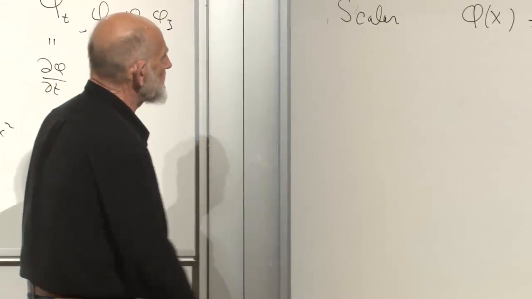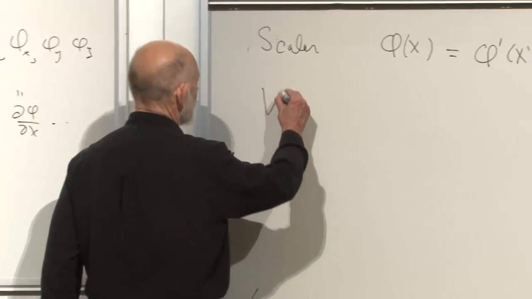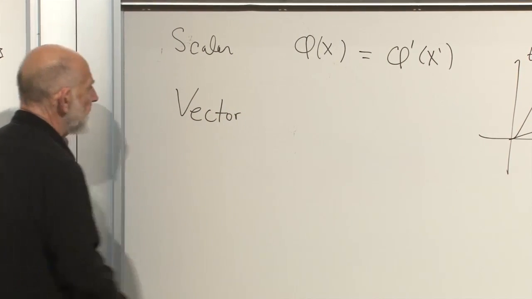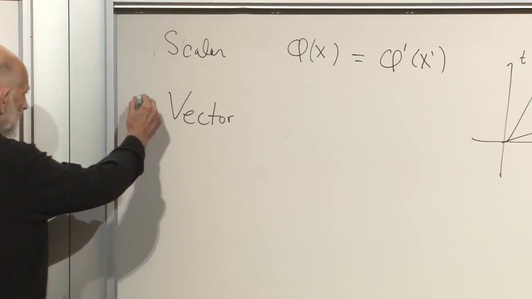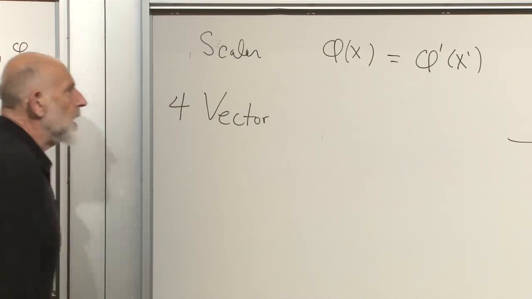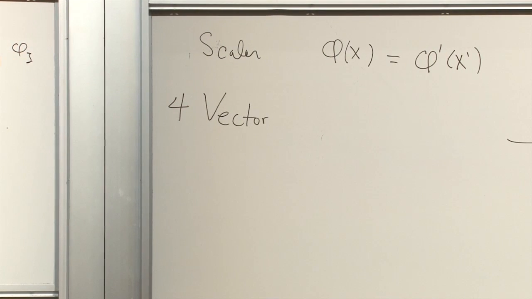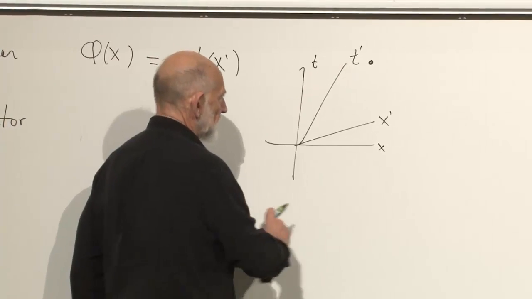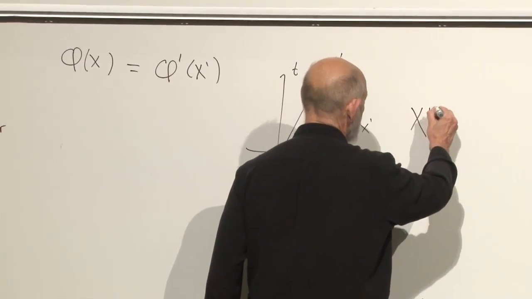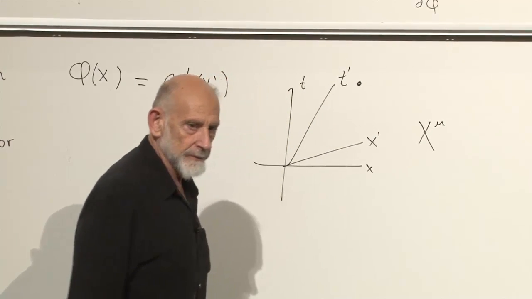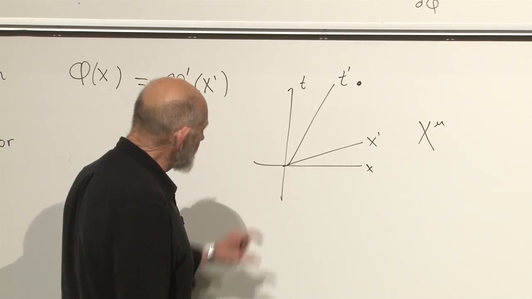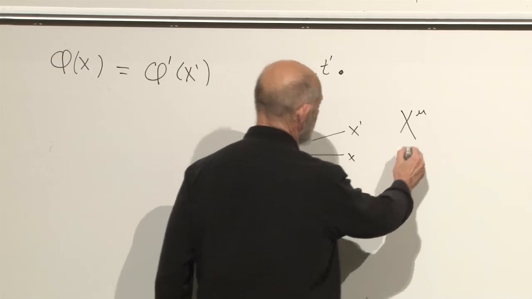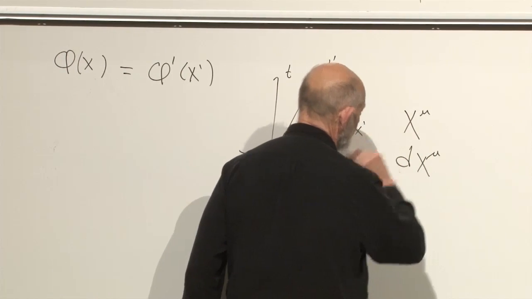Next in importance are vector fields. Now, these are not 3-vectors. These are 4-vectors. They have 4 coordinates. We've already seen some examples. Just displacement, x mu, displacement from the origin, is a 4-vector. Differential displacements between neighboring points, dx mu, is a 4-vector.